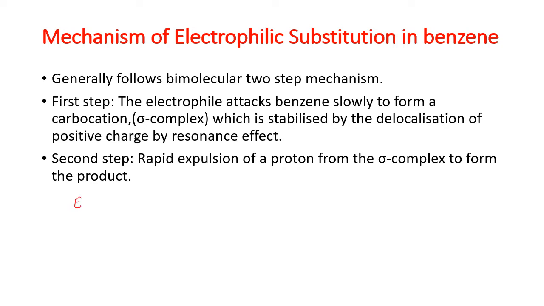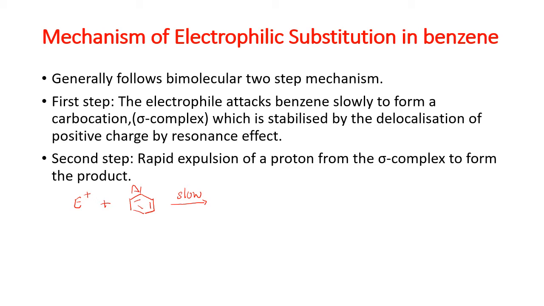So the electrophile attacks the benzene ring, as benzene is an electron-rich center. In the presence of the electrophile, an electromeric shift takes place, and this is the slow step, which is the rate determining step.